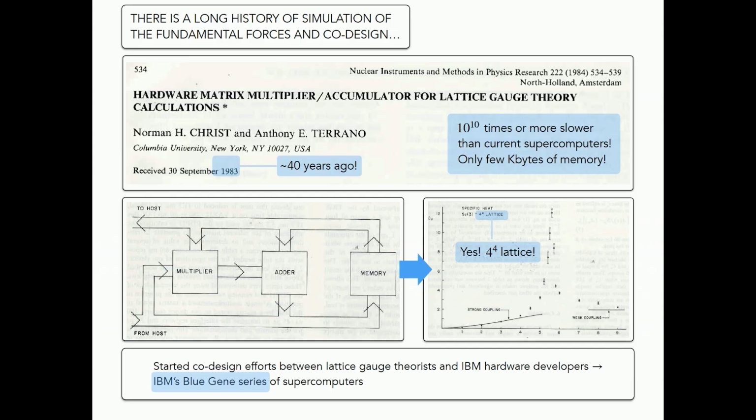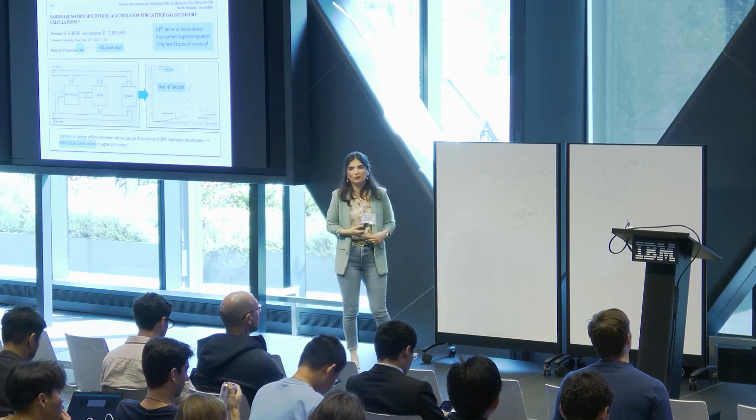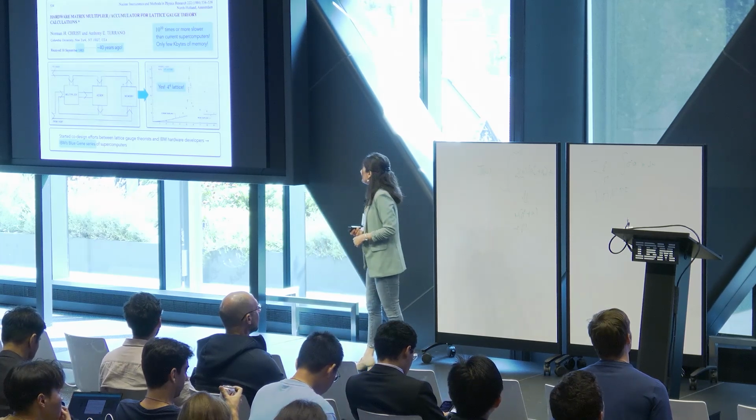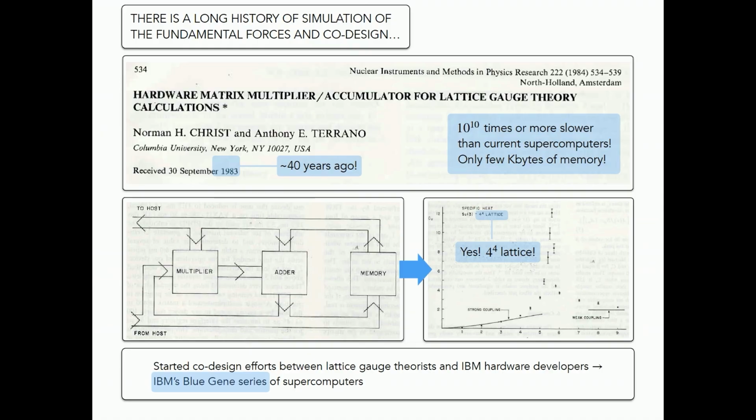And I always like to show this slide, which is a snapshot of some of the early papers that started this field of simulating fundamental forces of nature in the form of lattice gauge theories. This is a paper that came out of a Columbia University group about 40 years ago. At that time, they had access to classical computers that were at least 10 orders of magnitude slower than what we have today.